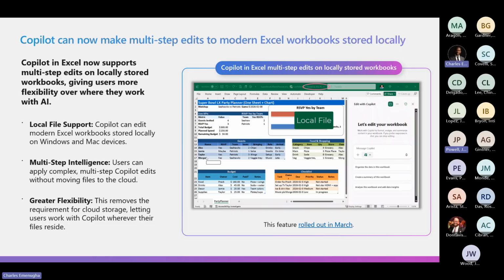So you're seeing here that this is a file that's stored locally, and you're still prompting Copilot within that Excel spreadsheet, and Copilot is still performing all of the operations that's needed for this to run effectively. While that's running, I'll pause for any questions or any thoughts on this.